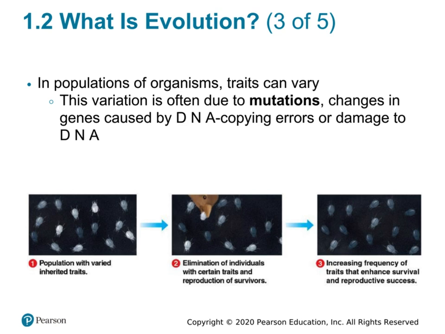And the reason that we start with a population with varied inherited traits at the beginning is because that's what populations look like. Populations of organisms are not homogeneous. They're not all the same. We often have slight variation due to mutations that have occurred over time, slight changes in genes.